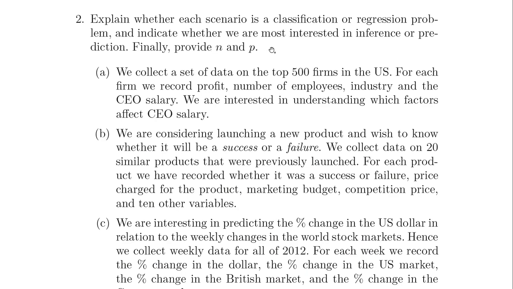Provide n and p. Well, you know what n is. I wonder if we remember what p is. p is the number of variables that you're going to have your model look at, and that ultimately your model will use to make predictions.